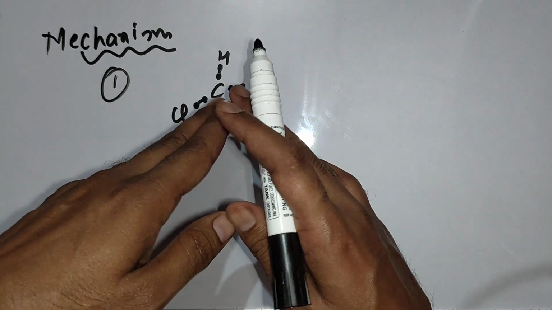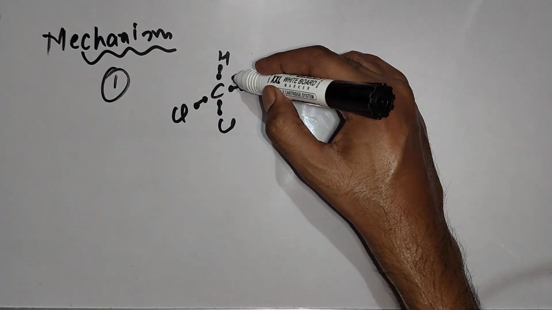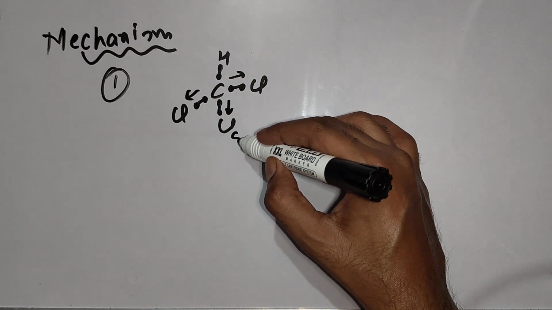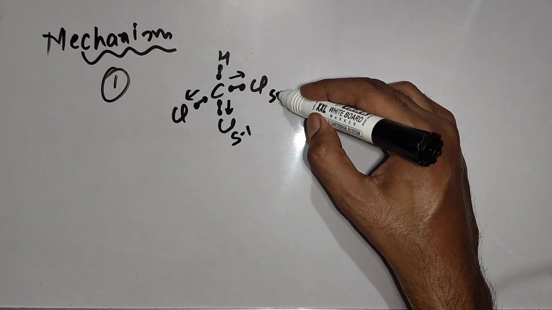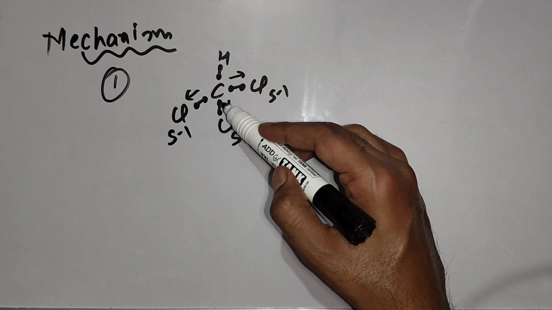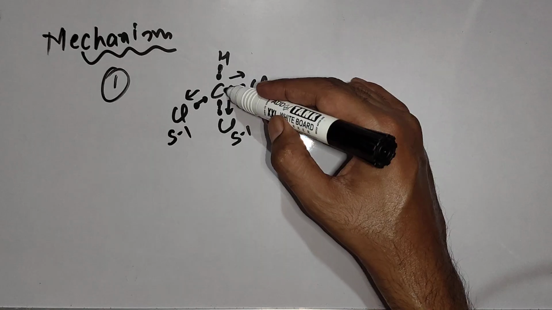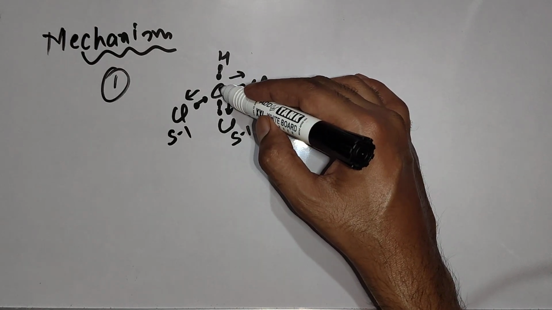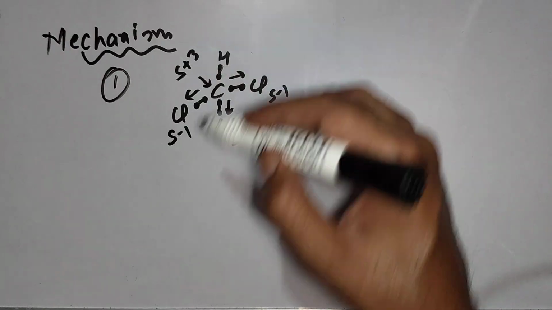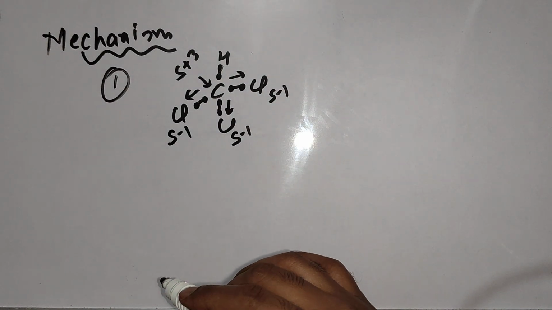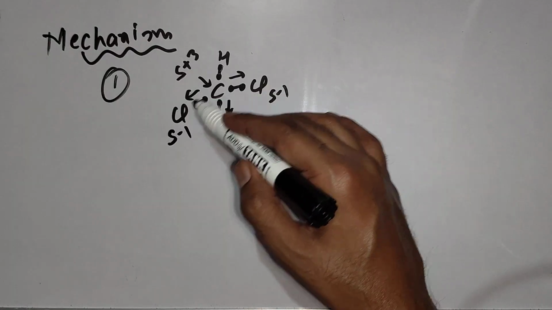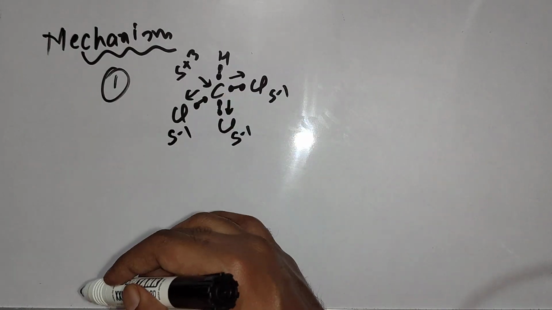As you know, chlorine is a highly electronegative atom. So obviously they are attracting electrons toward themselves. Due to which this chlorine has a partial negative charge, this chlorine has a partial negative charge, this chlorine has a partial negative charge, because they are attracting the extra electrons of carbon toward themselves. Due to loss of 3 electrons, this carbon will have a partial +3 charge.